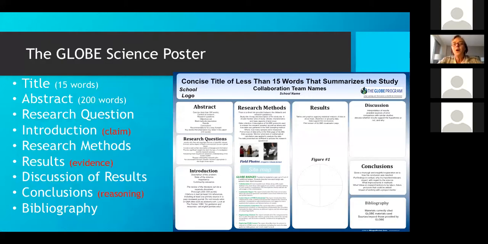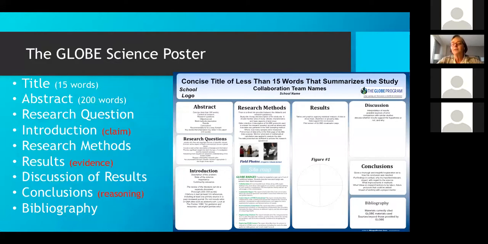The results are always a challenge for kids, of how to present their results, but this is the evidence of the claim, evidence and reasoning portion of the research. Figures, tables, graphs, I'll talk a little bit about that. Discussion of the results is a summary of those results and should lead the reader into the conclusions that are drawn, and that's the reasoning side of the CER.